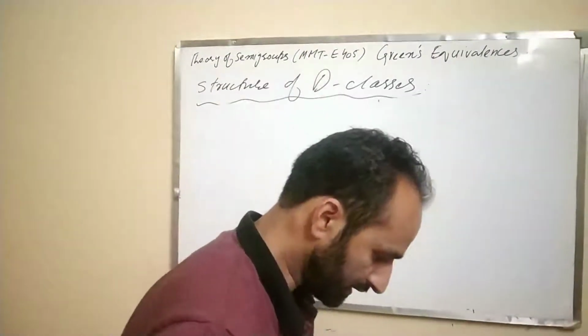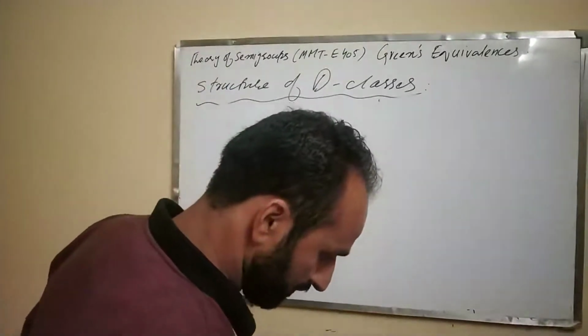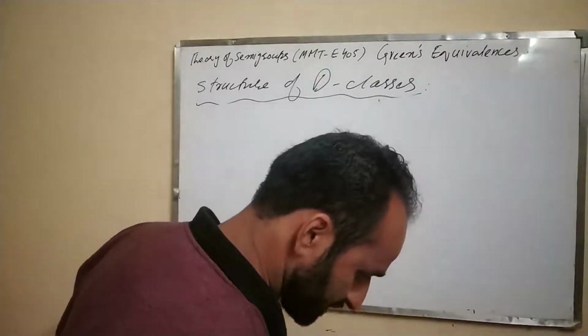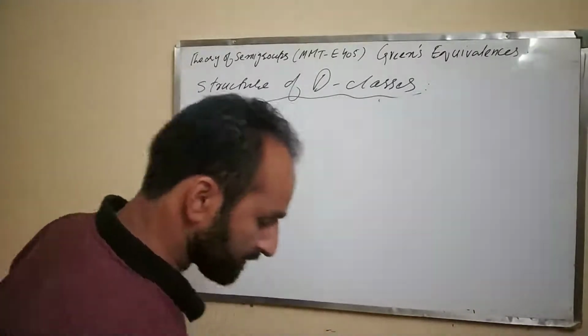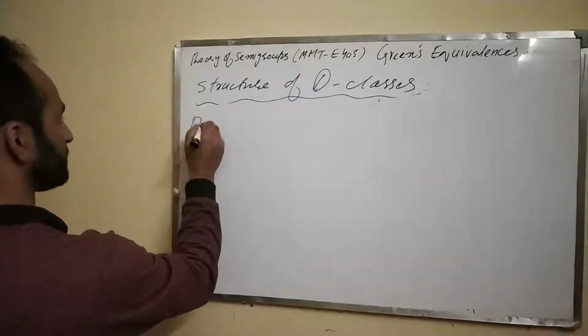Before proving Green's lemma, we have to discuss a map first. That's called a translation map. You can write translation map actually. So what's that? Right translation map and left translation map.